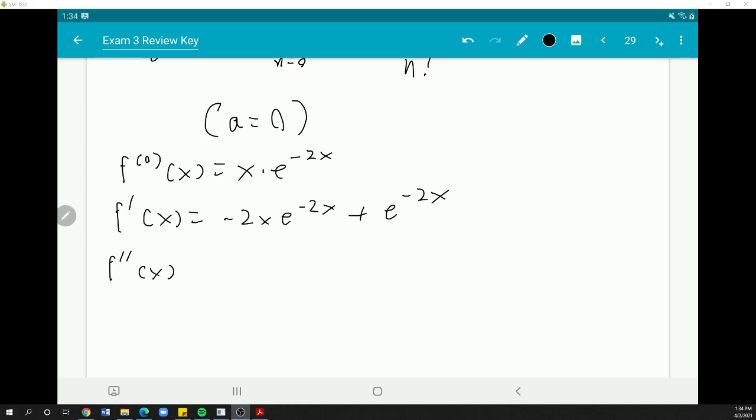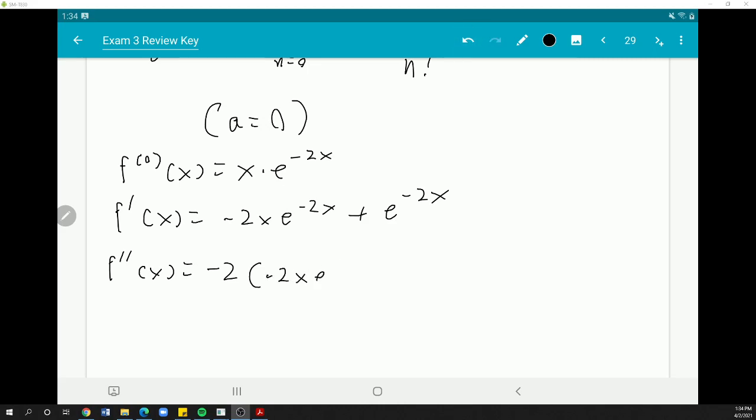F triple prime at x is going to be, well, take the derivative here. I can factor out a minus 2. And then I get the same thing I got from here to here, right? Because then it's going to be x e to the minus 2x.